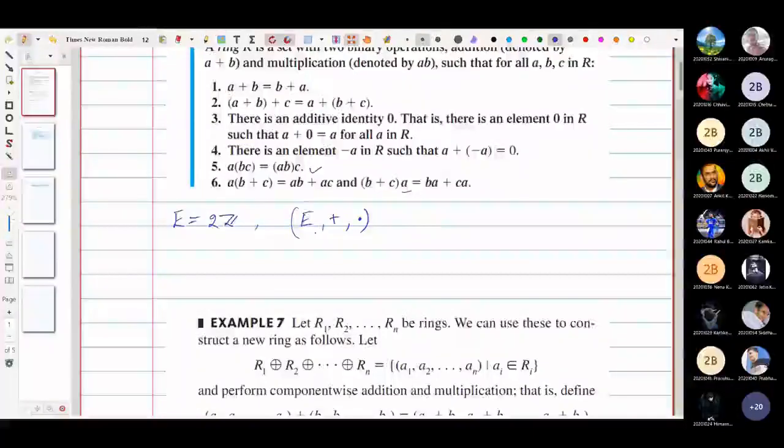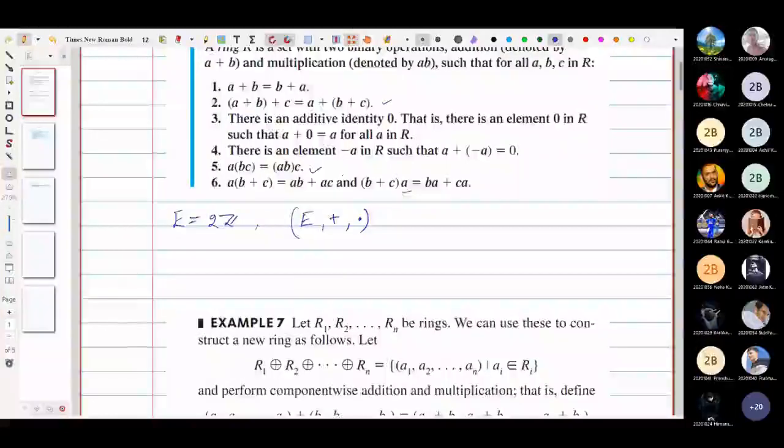Okay. And one more thing, what else do we need? We need this property. So this also holds. All right. And this is abelian, of course, 2 plus 4 equals 4 plus 2, something like this. Fine. And what about the additive identity?